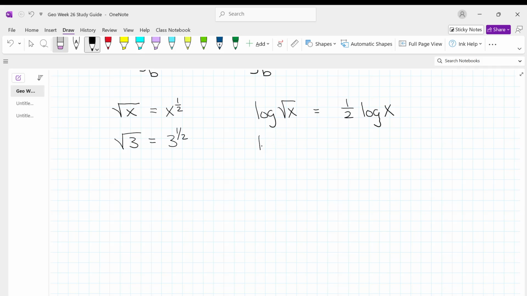So if you were given log radical 3 in expanded form, it's 1/2 log 3. A variable or a whole number.